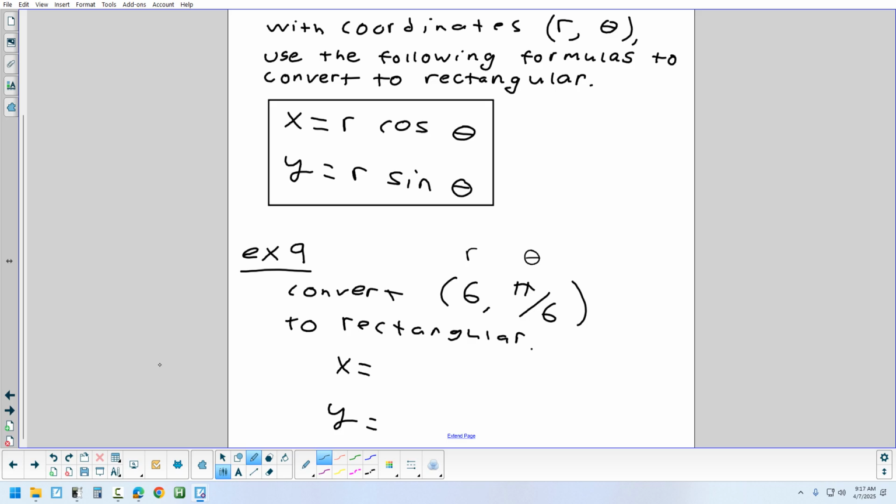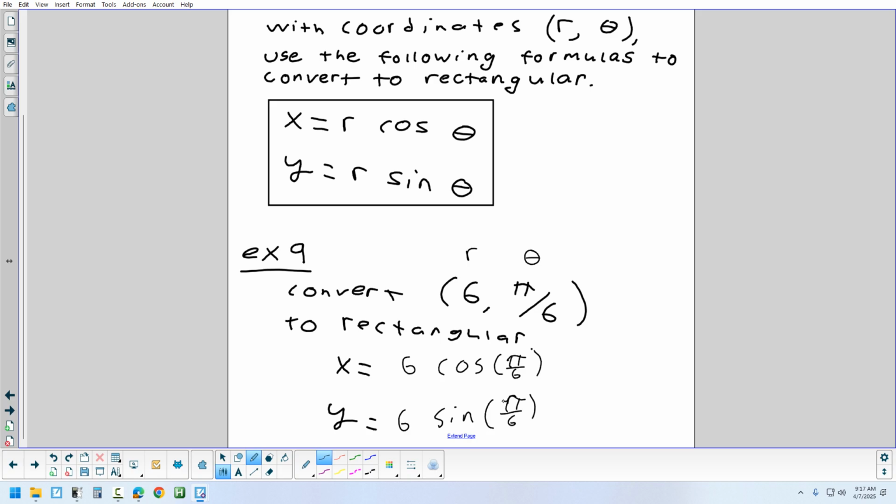Yep, and if you fill in our values, what would it look like? 6 cosine pi over 6. And if we do the same thing for y, what would our formula look like? R sine angle. Yep, and just filling in our numbers. 6 sine and then pi over 6.